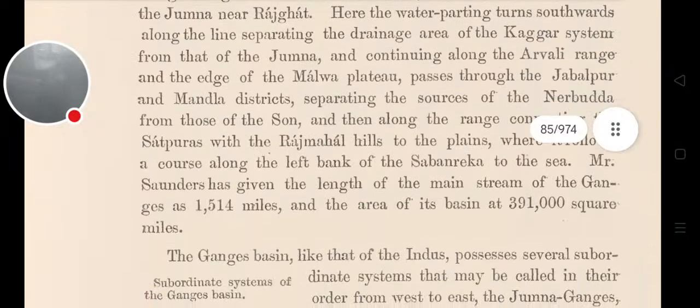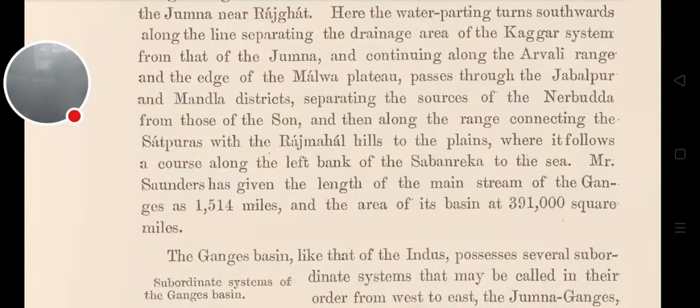Here the water parting turns southwards along the line separating the drainage area of the Kaggar system from that of the Jamna, and continuing along the Aravalli range and the edge of the Malwa plateau passes through the Jabalpur and Mandla districts, separating the sources of the Narbada from those of the Son, and then along the range connecting the Satpuras with the Rajmahal hills to the plains, where it follows a course along the left bank of the Subarnarekha to the sea.